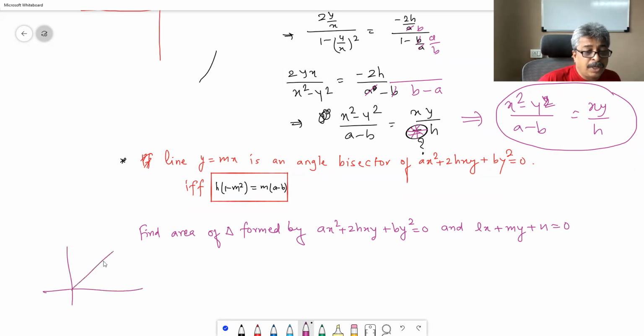So there are two lines passing through the origin and there is yet another line. Find the area of this triangle.